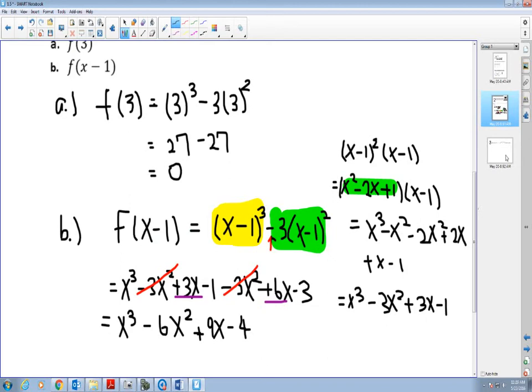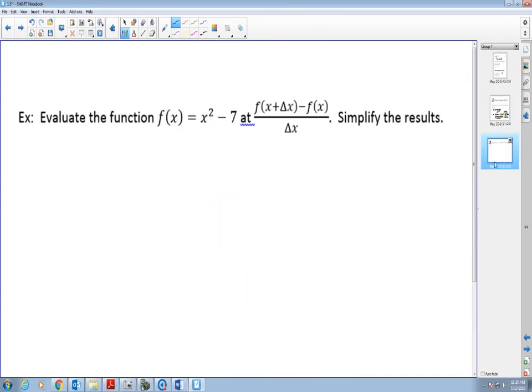Alright, I'm gonna try another example here. Evaluate this function, x squared minus 7, at this expression. Okay, so if you look at this expression here, the f of x part is the same as this. So whenever I come to this part, I will just write x squared minus 7 here.